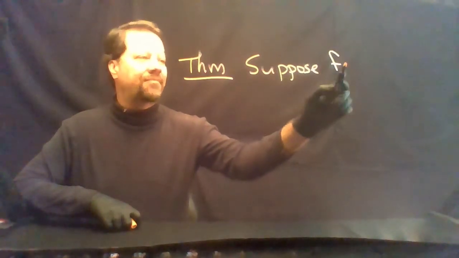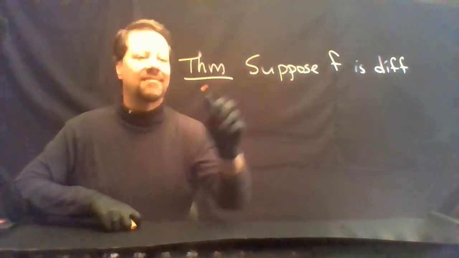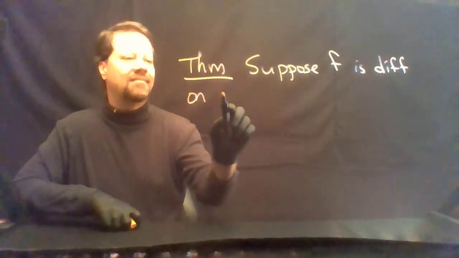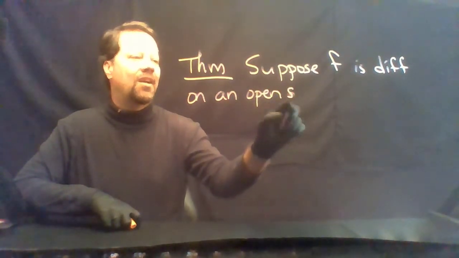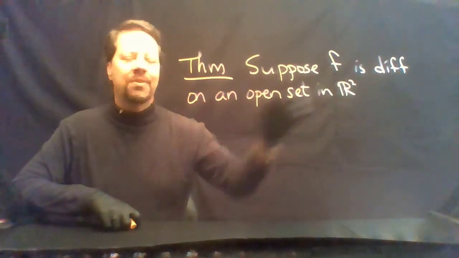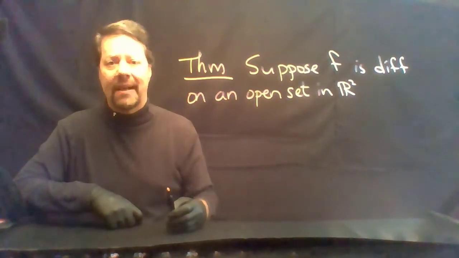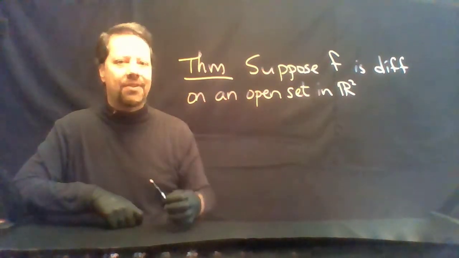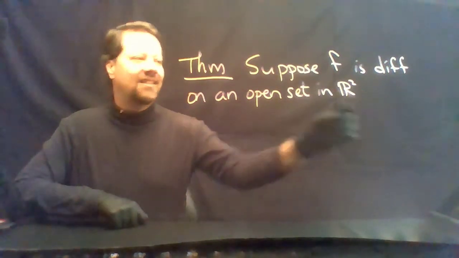Suppose f is differentiable on an open set. We'll say in R2, we'll assume f has variables x and y. We could extend this to x, y, and z, in which case we'd have to use R3 or so on, but I think you'll understand.